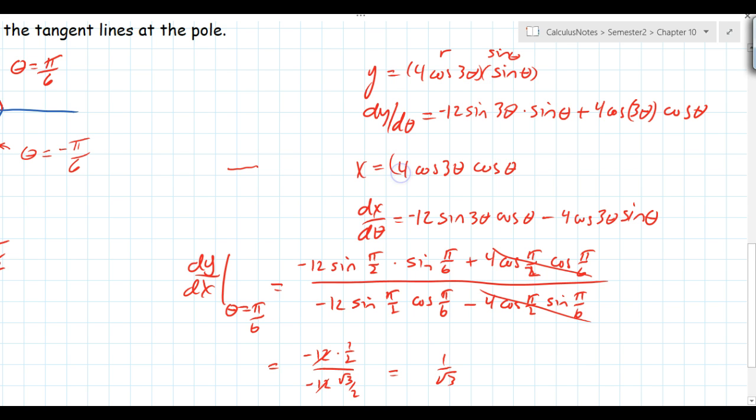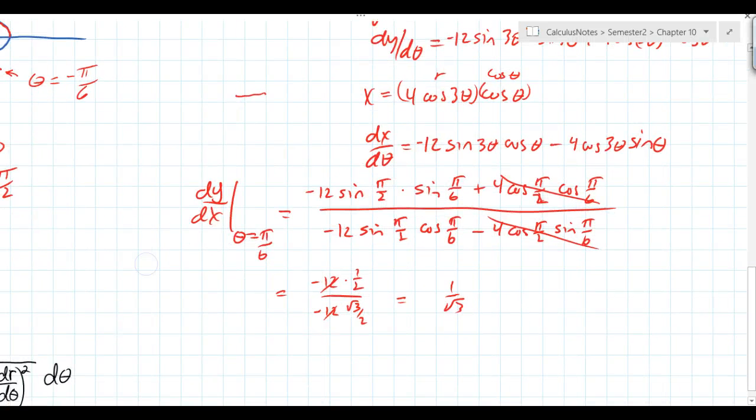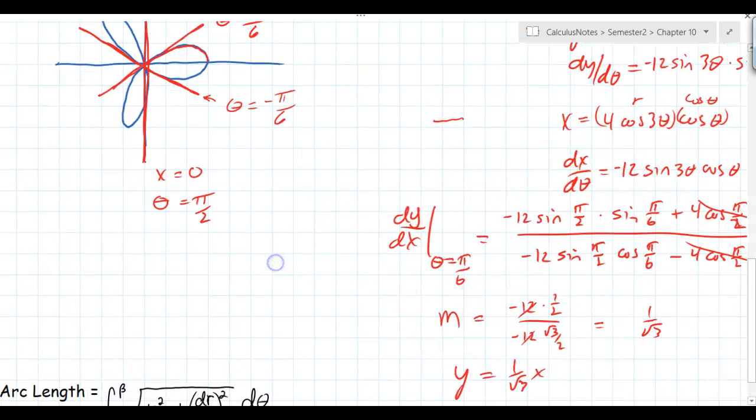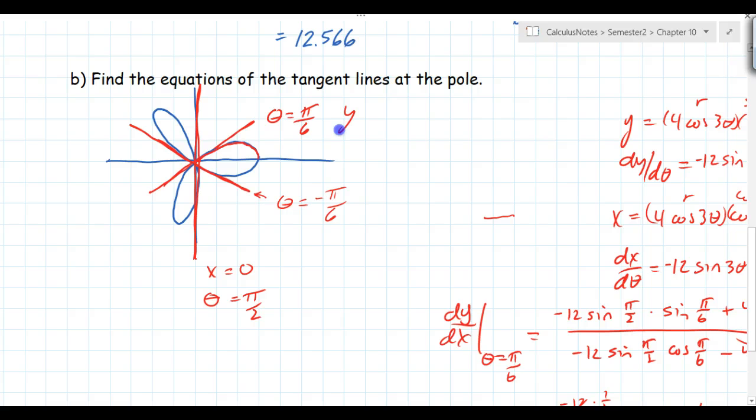Do the same thing for x. x is r cosine theta. Calculate the derivative. And then you do dy over dx, and then you plug in the value, pi over 6. And we get a slope of 1 over root 3. Our y-intercept is 0 as it goes through the origin, so the first line would be y equals 1 over root 3 x.